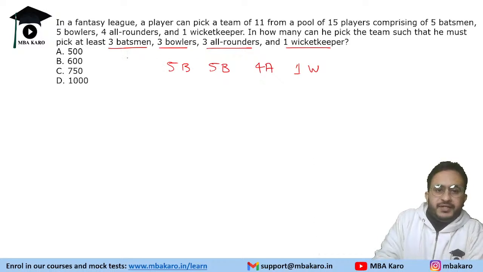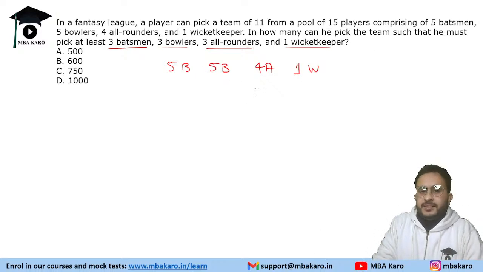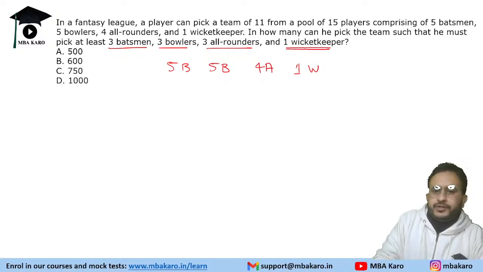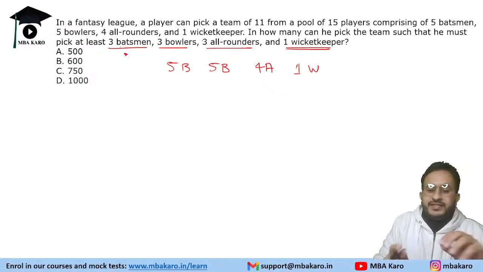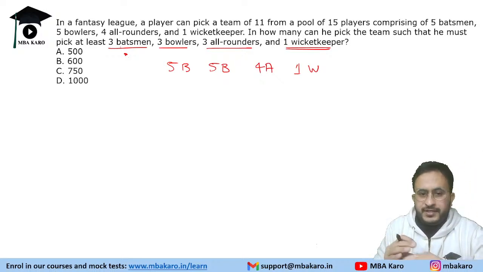So one way is that you pick... Now, you can see the wicket-keeper is only one, right? So wicket-keeper will be one. So one of the other categories has to be made four, since 10 is mandatory. So the difference will be one extra player, right?